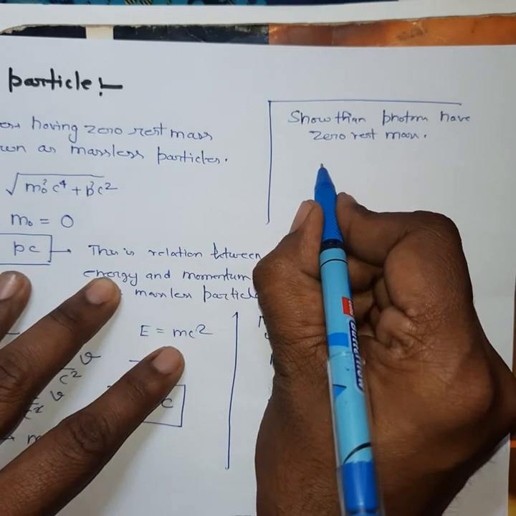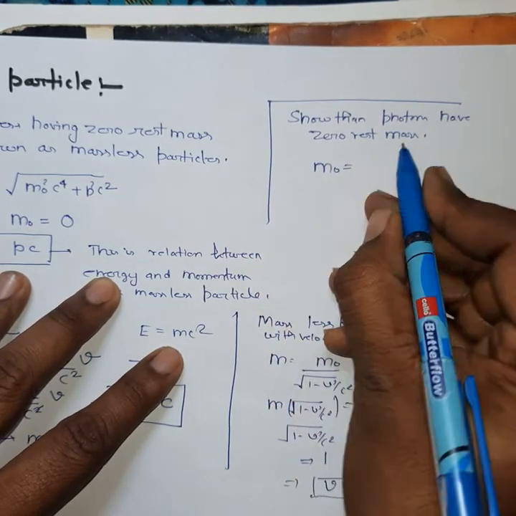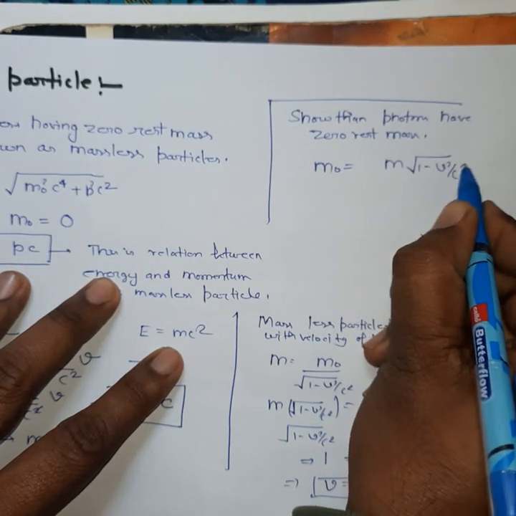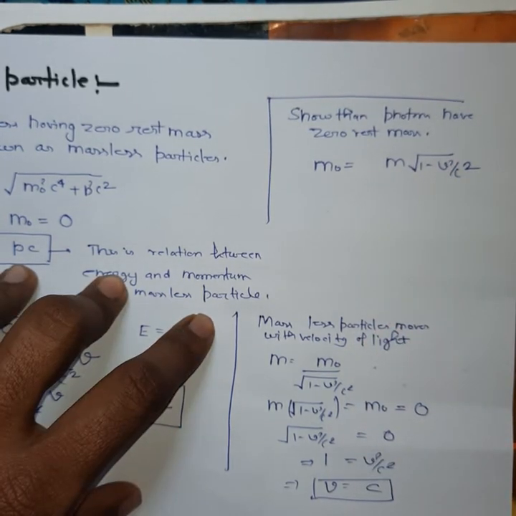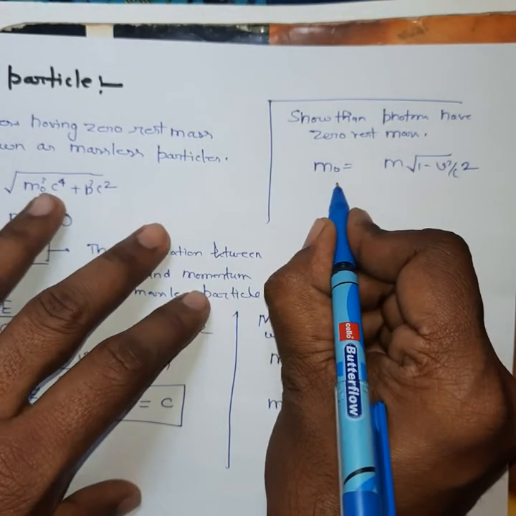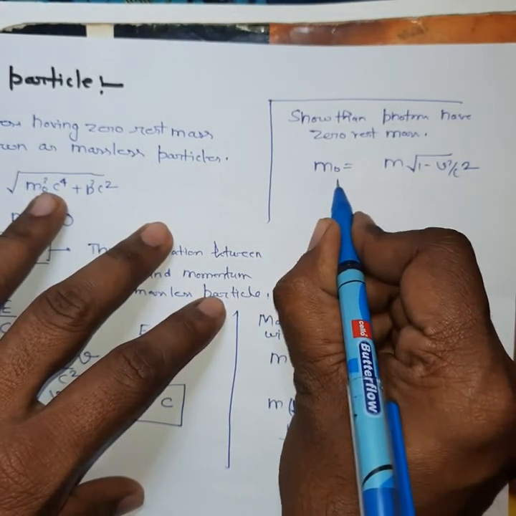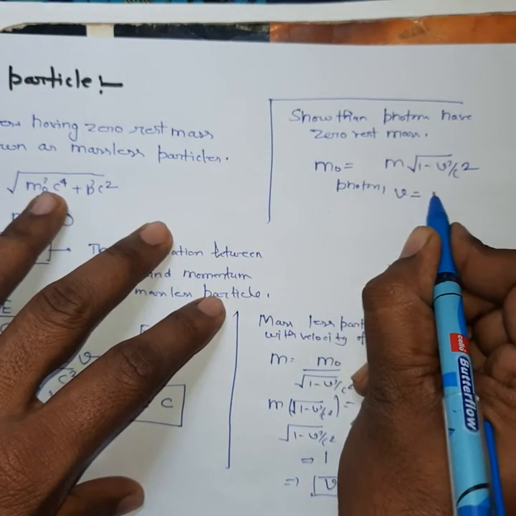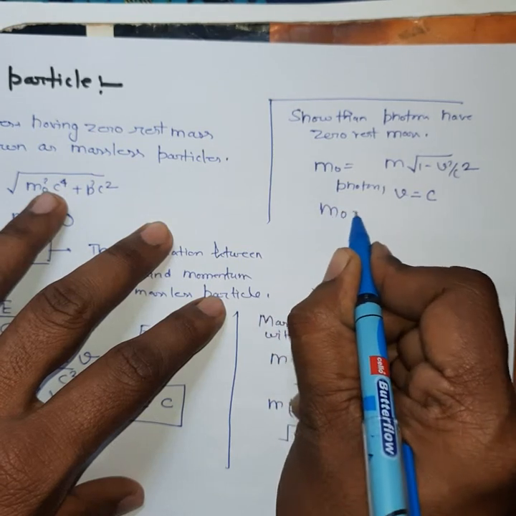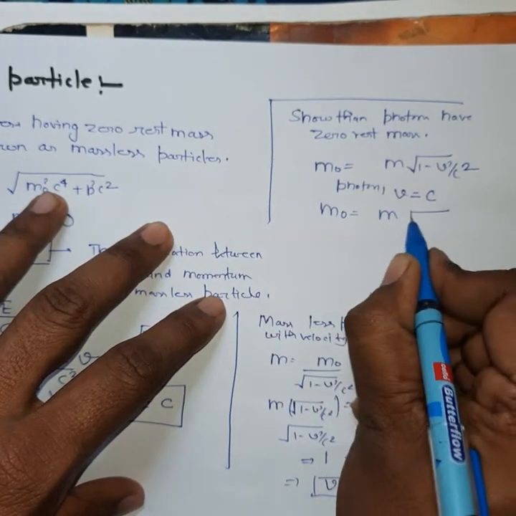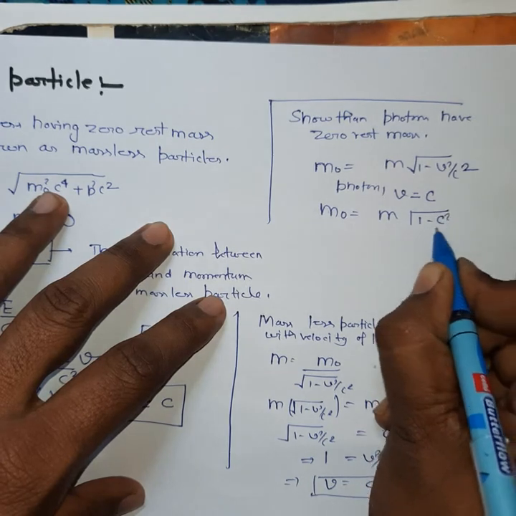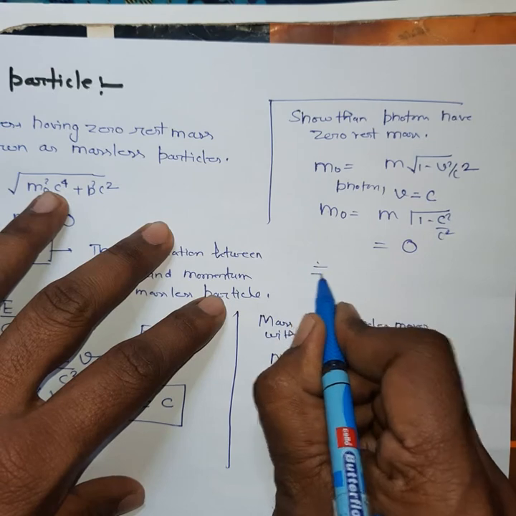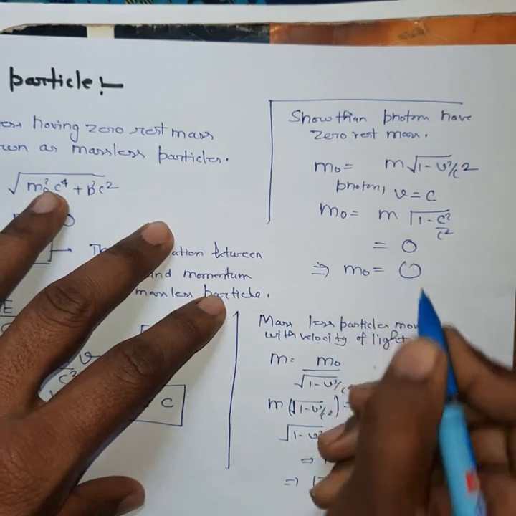Again you will use the expression m naught is equal to m times the square root of 1 minus v squared by c squared. You know that a photon is a light quantum, so a photon moves with the velocity of light. You can consider v is equal to c here, so you can show that m naught is equal to m times the square root of 1 minus c squared by c squared, and that is 1 minus 1, which equals 0. So you can prove that the rest mass of a photon is 0.